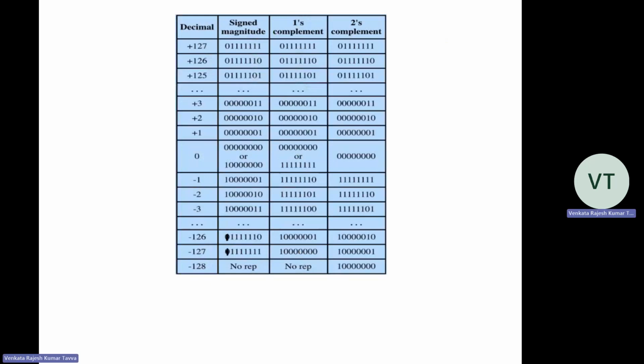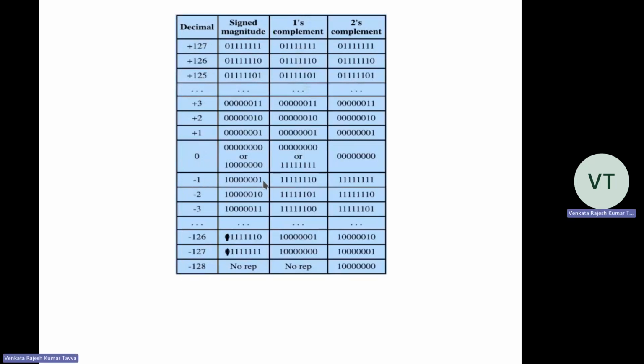So these are the three different representations which are important conceptually. In a computer, only 2's complement notation is used, not sign magnitude or 1's complement. If you look at these three representations, all the positive numbers have an identical representation in all three cases. Take plus 127, same representation, plus 3, same representation. Where does the difference come? When you get into negative numbers.